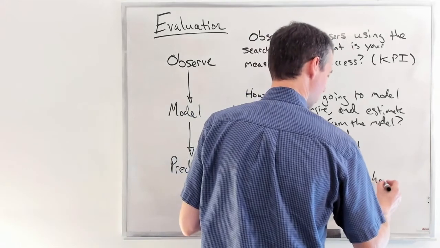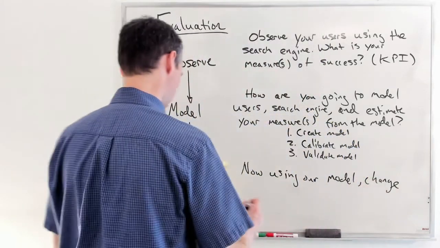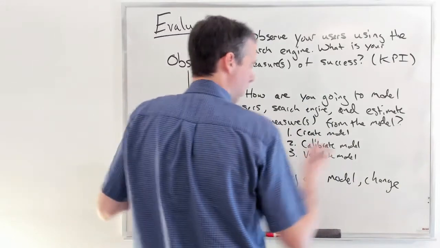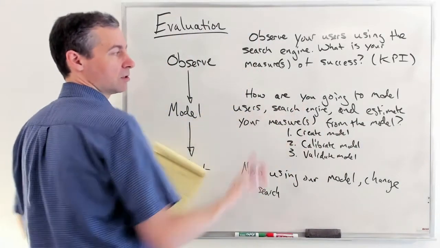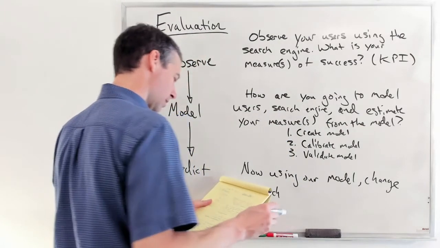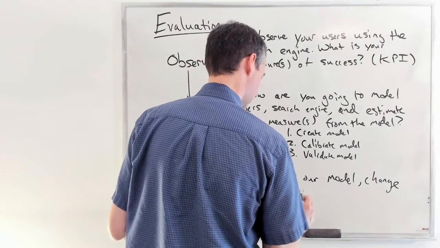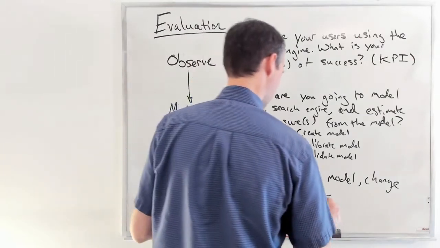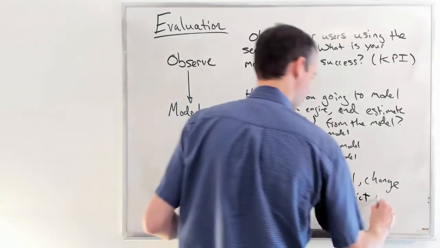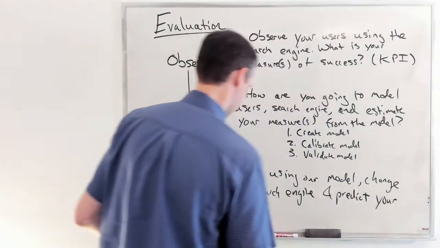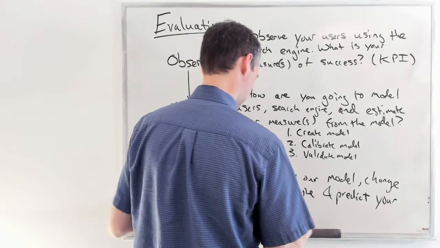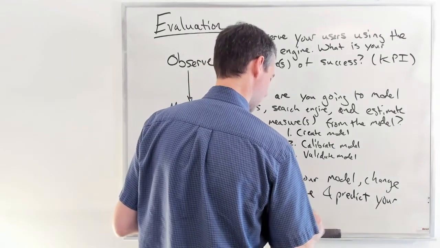And you're going to change your search engine. This is the search engine that's part of the model, because again, it needs to be part of this overall system somehow. And the big thing is now we're going to do a prediction. You're going to predict your measures that the model was used to create, or measures of interest.